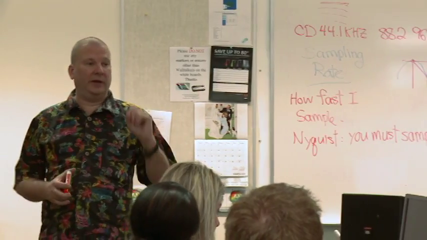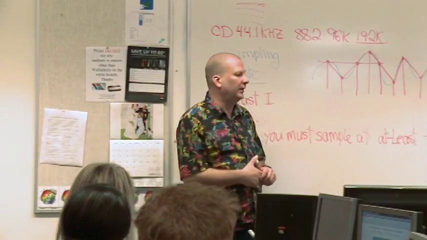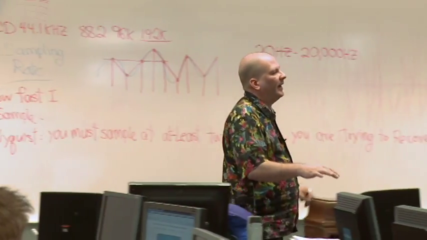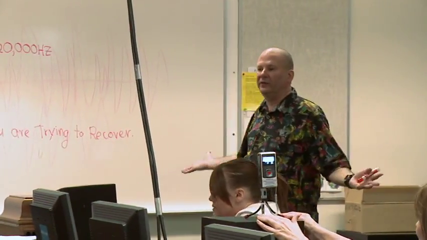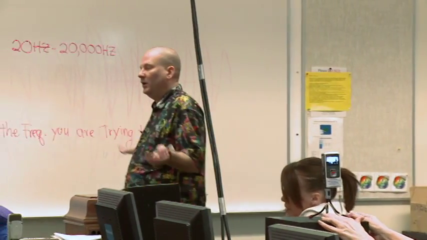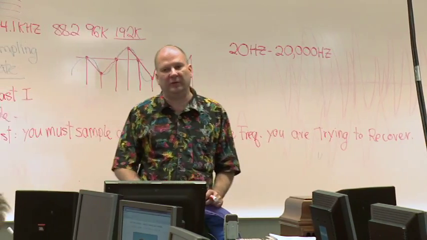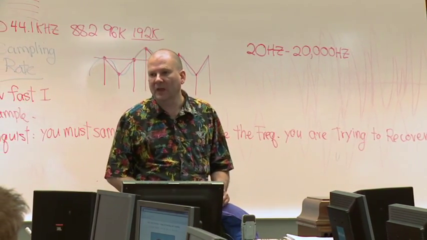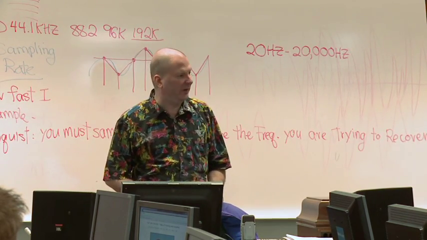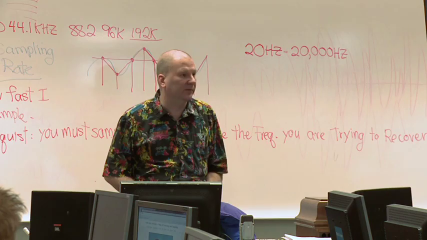Now, this comes in real handy when you're trying to compress for data. If I don't need all that high frequency content and I just need to transmit a human voice, maybe, okay? Human voice, oh gosh, there's nothing in human speech above much, really, 10 kilohertz. So what would be the minimum sampling rate for human speech? 20K, right?